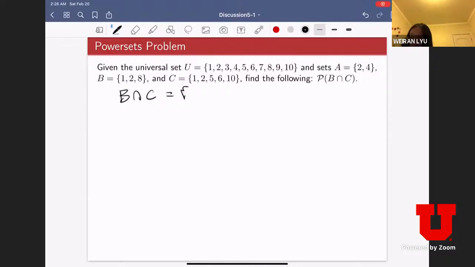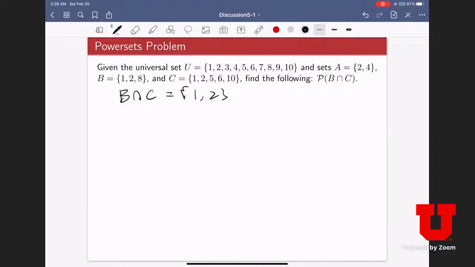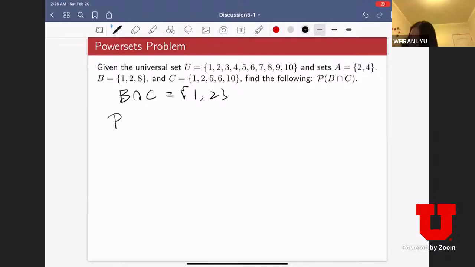What are the elements in B intersect C? One and two. Yep, 1 and 2. And then we'll want to write out the power set of {1, 2}. And what are they?